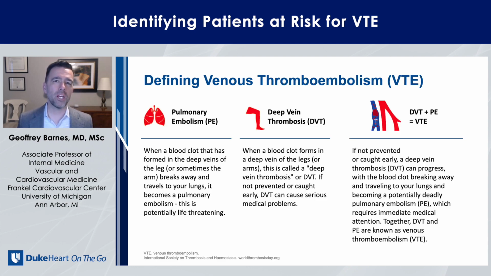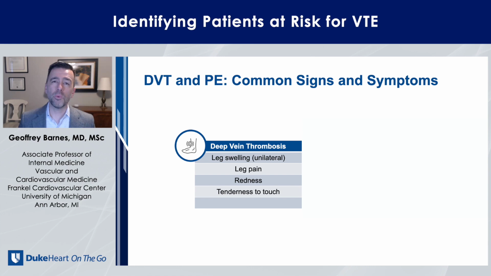Now, it's important that we understand venous thromboembolism, or VTE, includes both a deep vein thrombosis, DVT, which is a blood clot in the leg, and a pulmonary embolism, what happens when that blood clot in the leg breaks apart and embolizes, traveling up and getting lodged in the pulmonary arteries of the lung. And so when we think about patients who have DVT and PE, we want to look for some of the most common signs and symptoms.